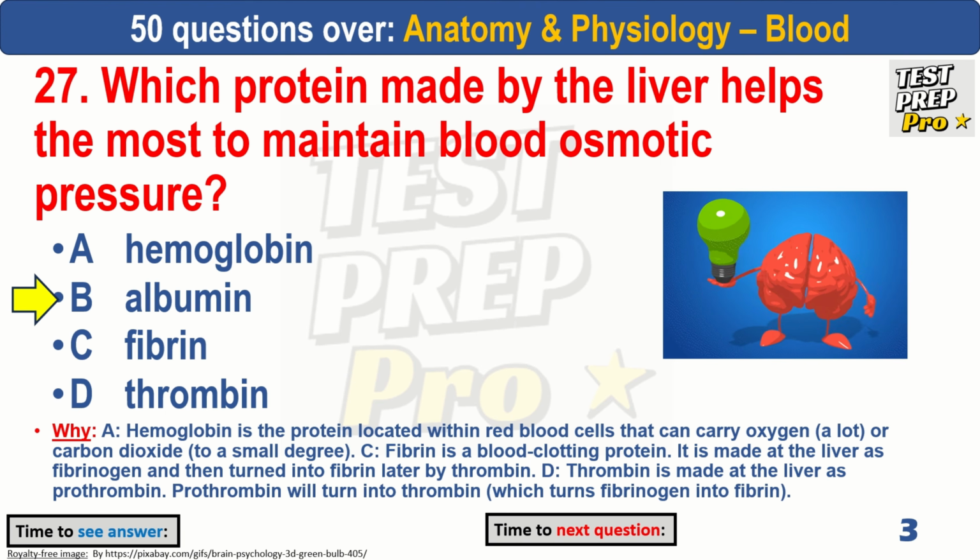But albumin acts kind of like a sponge, and it keeps water near it. It's going to help to maintain the osmotic pressure in the lumen of your bloodstream. And when that happens, it maintains your blood pressure so that you don't feel lightheaded. If you have damage to your liver, then fluids will start to accumulate in your lower limbs and other parts of your body aside from your bloodstream as much as they normally should.